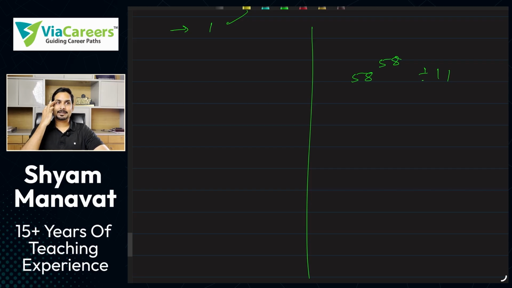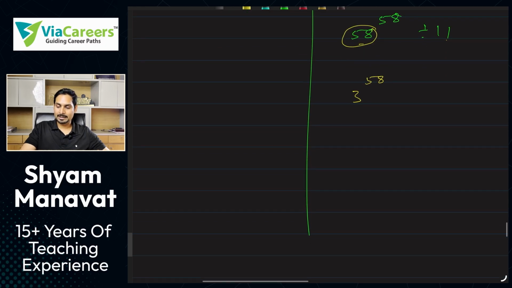Because 3 to the power 5 and 75 become a very easy power to deal with because it is already a multiple of 5, right? Here it is not a multiple of 5, so let's deal with this. Now, you know that the base is more than the divisor, so first of all reduce the base. You can write this as 3 to the power 58. Then you also know that 3 to the power 5 divided by 11, the remainder is 1.